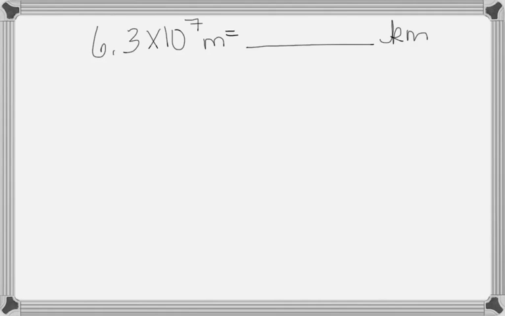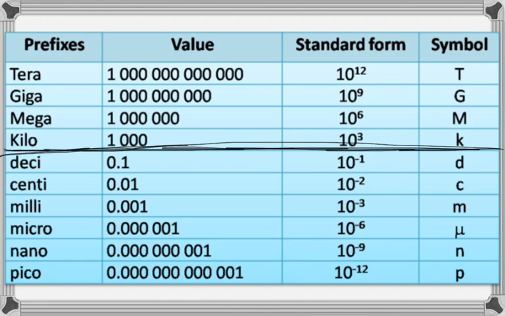Meter to kilometer. First thing we do, look at your table that you're looking at in your book. I've got it up here. Where's meter? Meter's the black line. Kilometer, it's right there, 10 to the third.